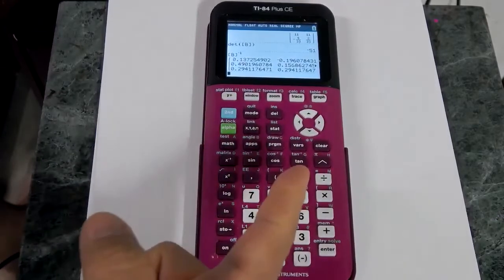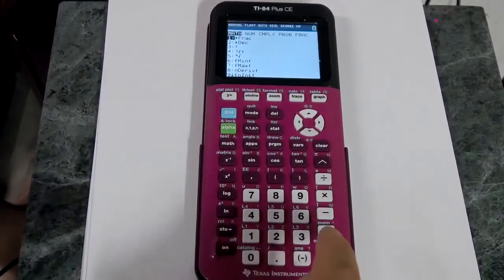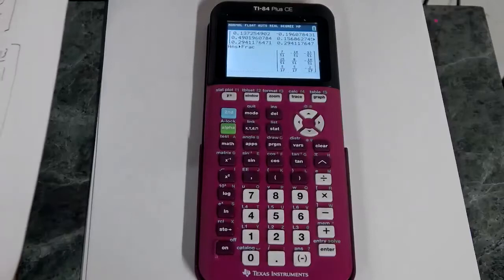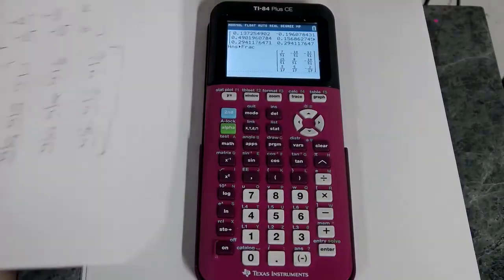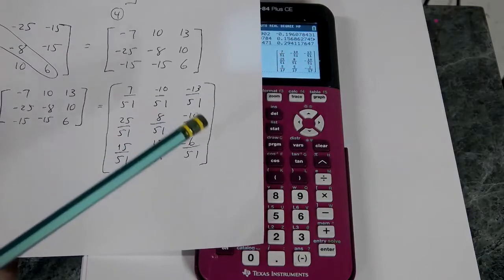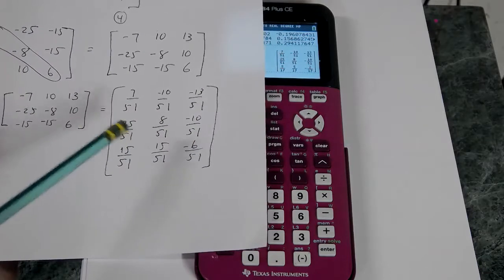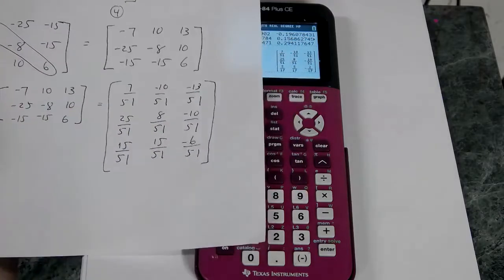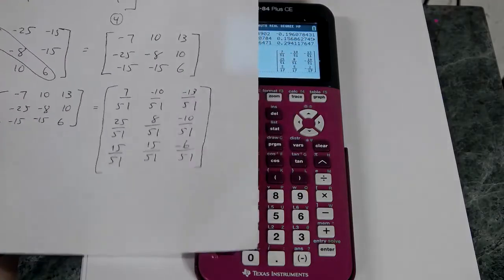I get all these decimals, so do math, go to enter, enter, and there you go. 7/51, -10/51, -13/51. As you see, this matches that. So now you have a way to check with the graphing calculator.